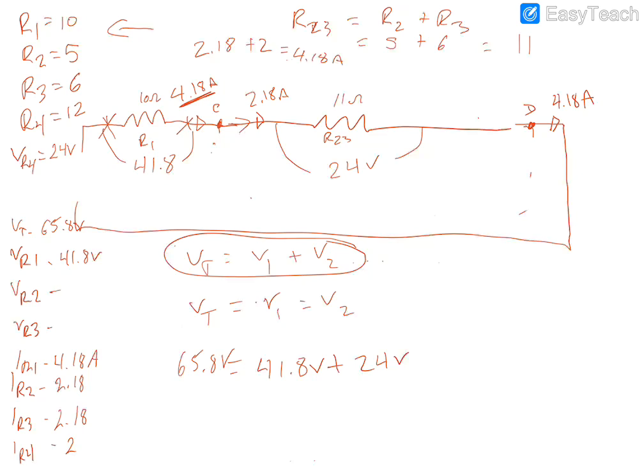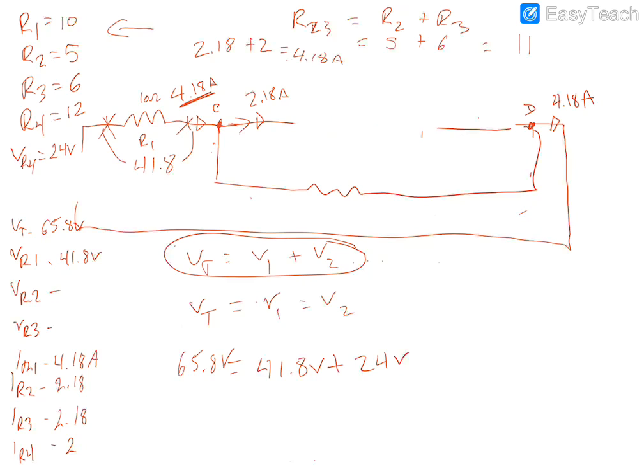We'll draw this back in here. Now we need to find the voltage going across individually these two resistors that are in series on this one branch of the circuit, R2 and R3.